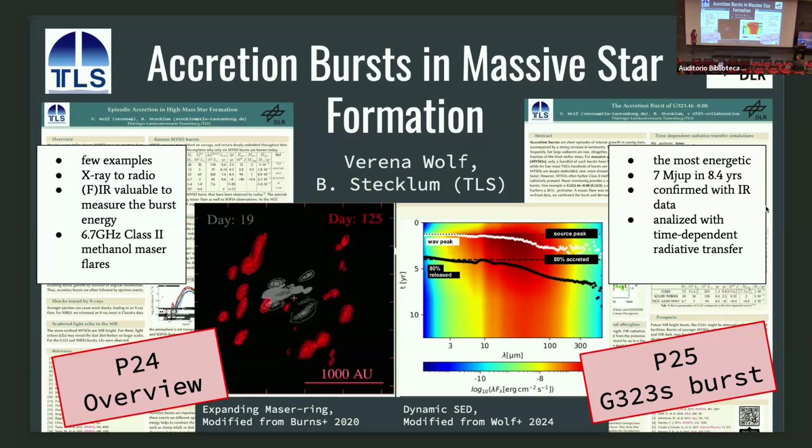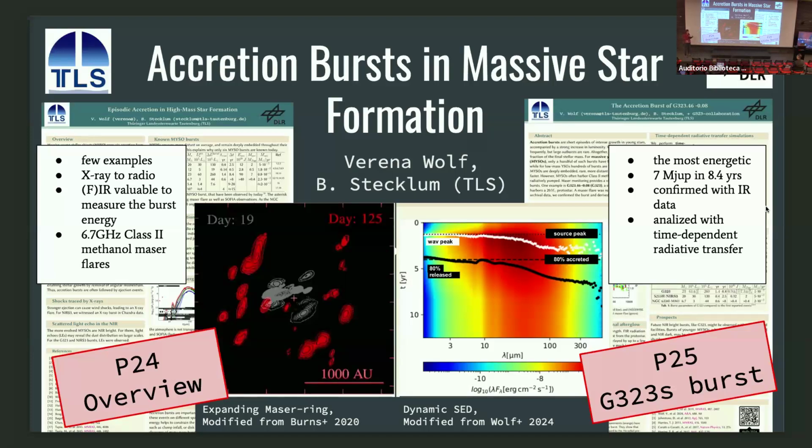However, in my poster I put a completely different observation. And these are the positions of the methanol maser spots. And it's one of my favorite observations, not my own. You can see it before the burst in gray. And these class 2 methanol masers are excited under certain conditions.